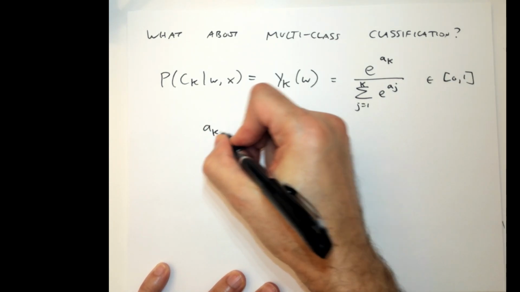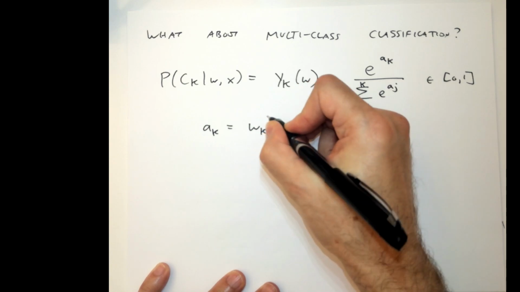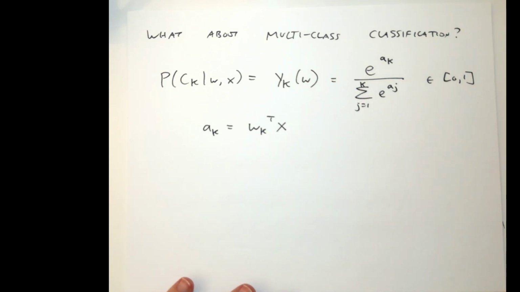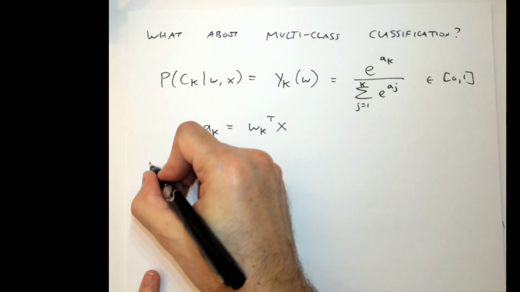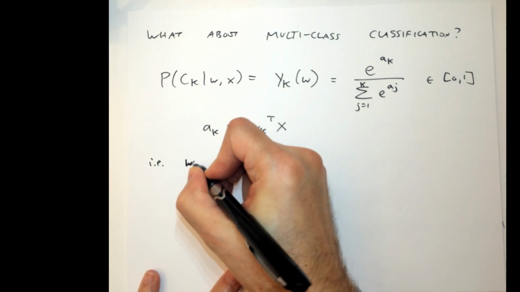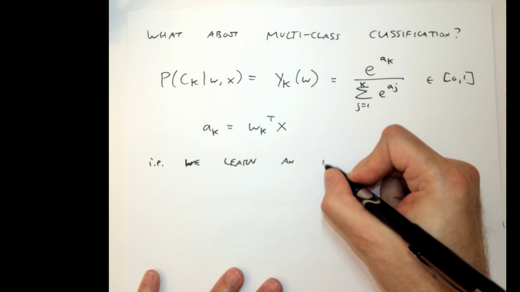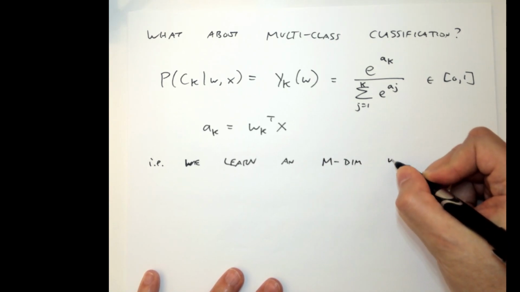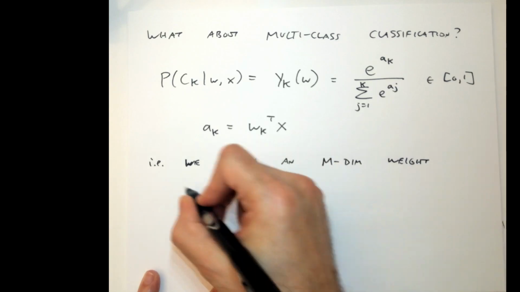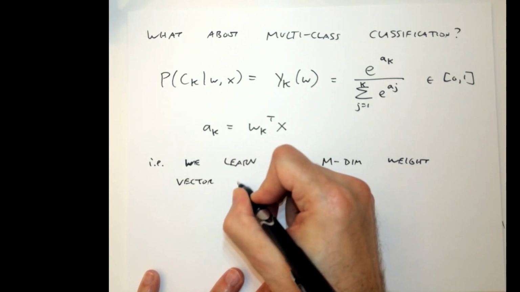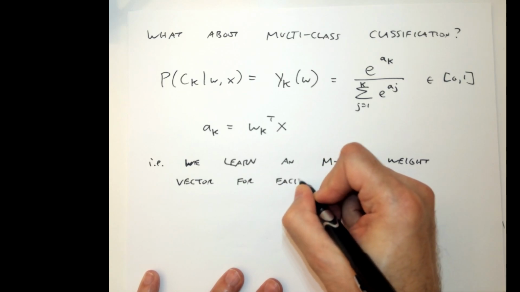And this ak is a linear function of x, right? So the idea is that if we have more than two classes, we need to learn a weight vector for each class. That is, we learn an m-dimensional weight vector for each class.